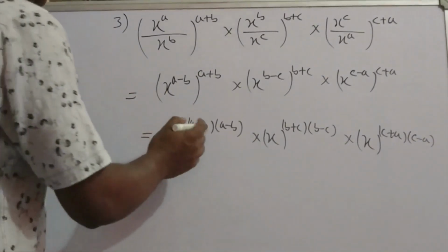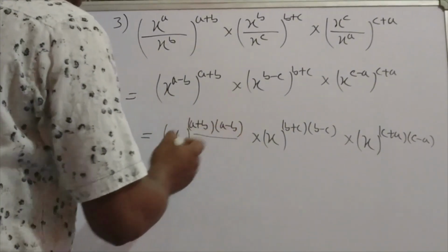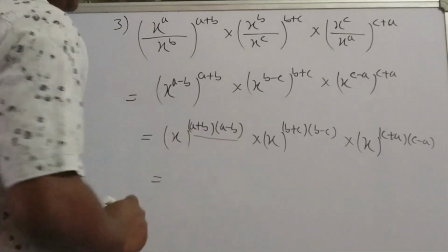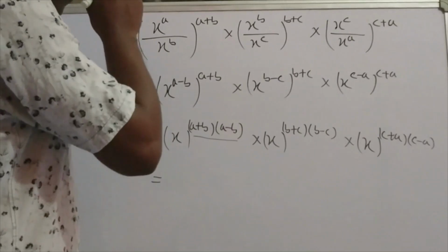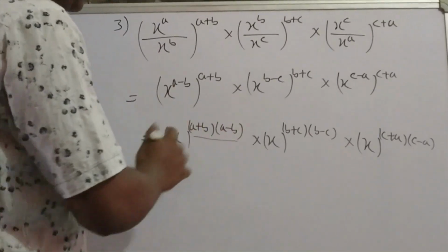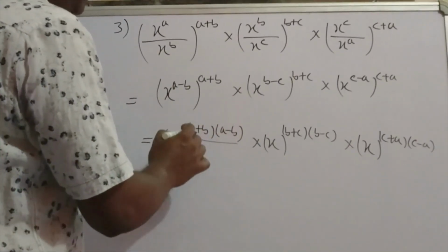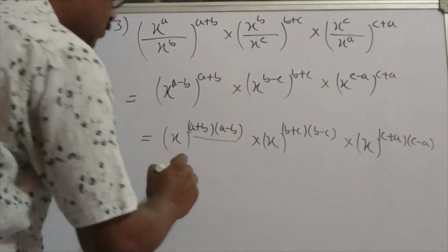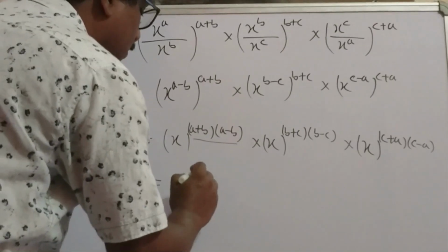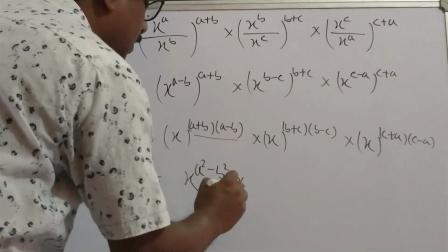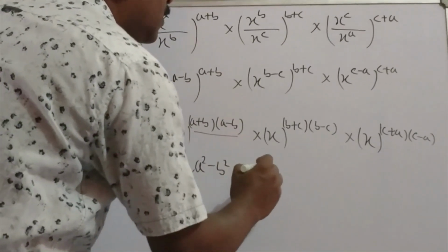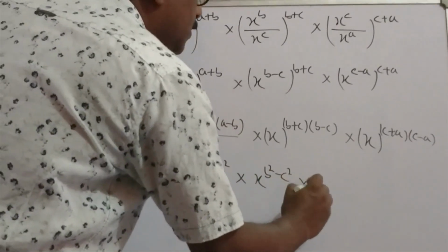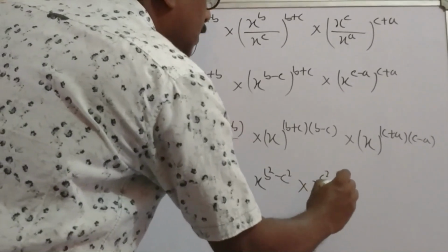Now this is one formula you learned in algebra in class 7 also: a plus b into a minus b. You know the formula: a square minus b square. So directly in place of a plus b into a minus b we can write a square minus b square. So x to the power a square minus b square, into x to the power b square minus c square, into x to the power c square minus a square.